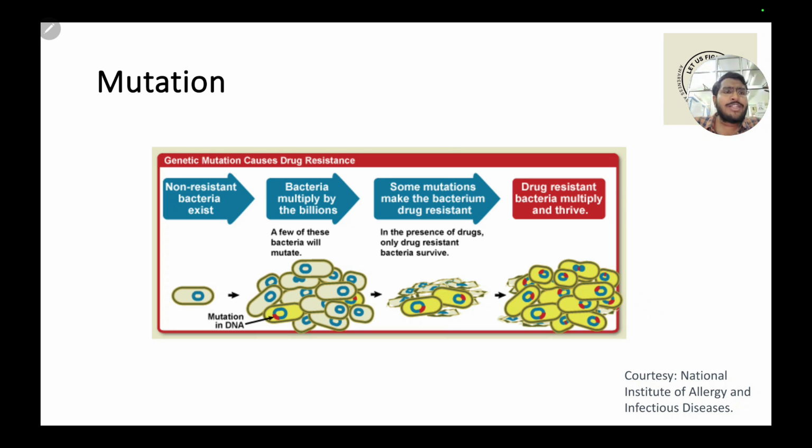In a population of bacterial cells, all will not get this mutation at the same time. One may get it, but that one cell, when it keeps on multiplying, keeps on passing that character to the future generations. And all those future generations who have that mutation will show the resistance.